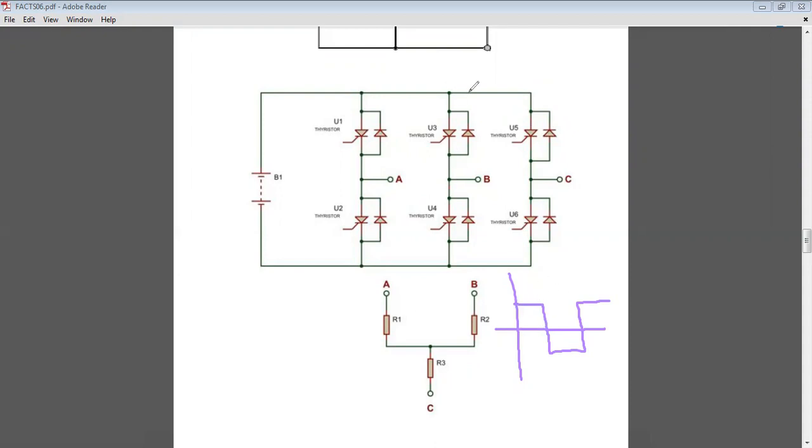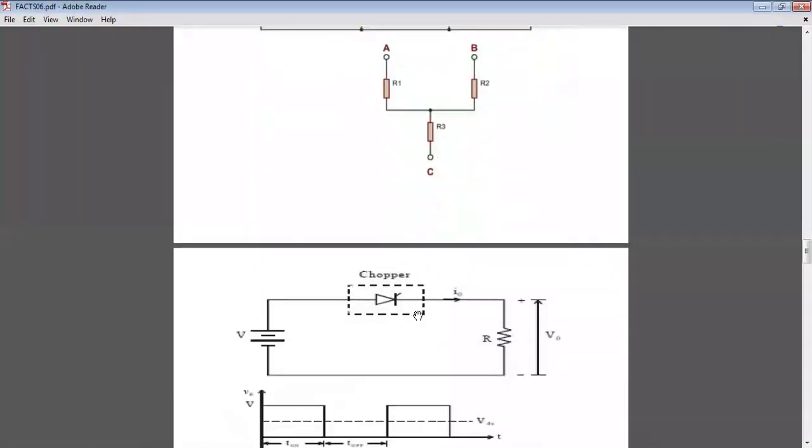You can call it 6 pulse or 12 pulse. So this is the power circuit diagram for a 3-phase inverter, or you can simply call it a converter. We can convert DC to AC or AC to DC with this one. So that is about the second application.